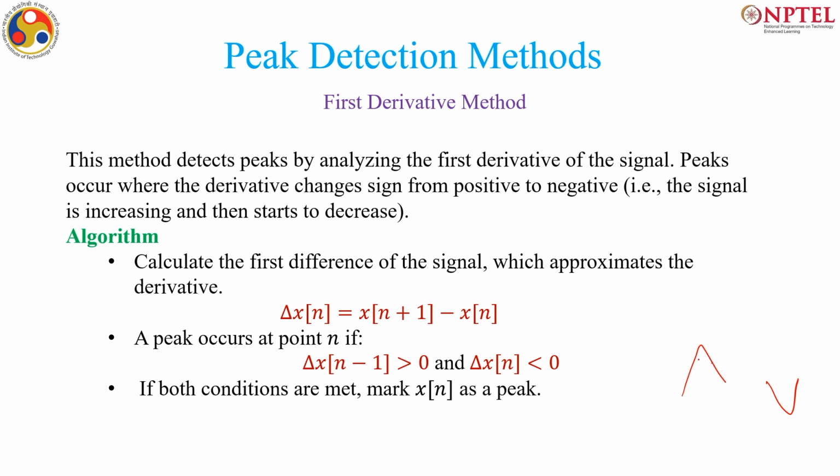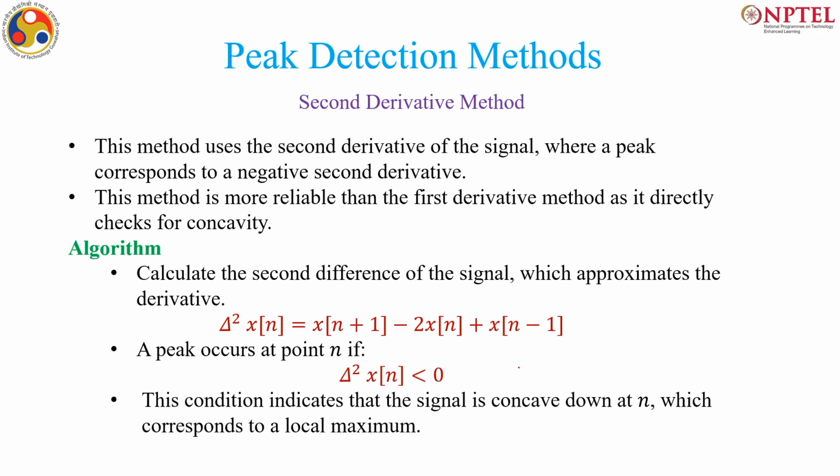So if you see the slope before this and the slope after this, they are of opposite polarities. That is, the slope at the previous point and at that specific point, or you can also take one point ahead, n plus 1, will be of different polarities, and you can use the product to find whether they are of different signs, and then mark that specific point as a peak.